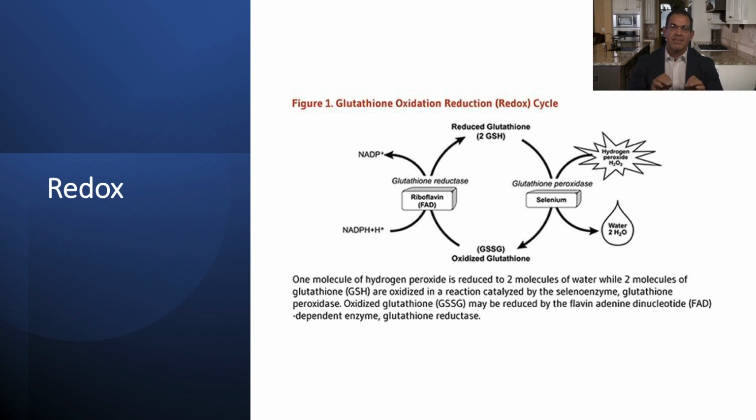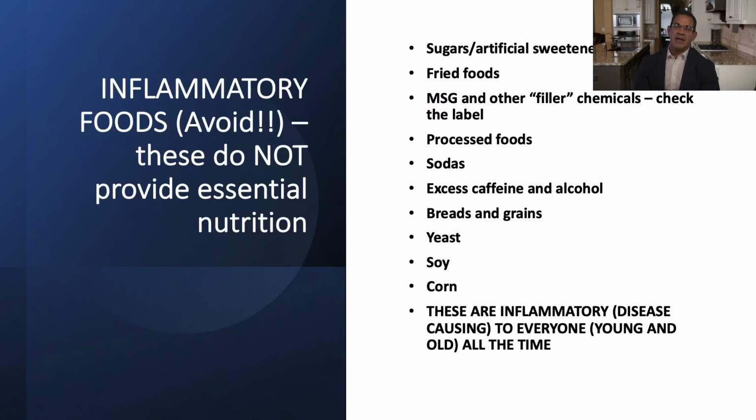Now, we've talked about these enzymes. We've talked about where food plays a part in the creation of energy, which is necessary, but we've got to be talking about the idea of what foods we should be eating, and I'd be remiss if I didn't cover this once again. Those of you that know me well know we're going to talk about this every single time because this is where life begins.